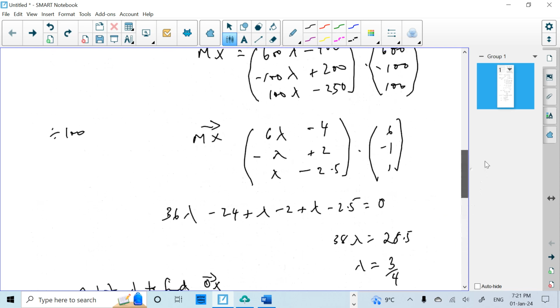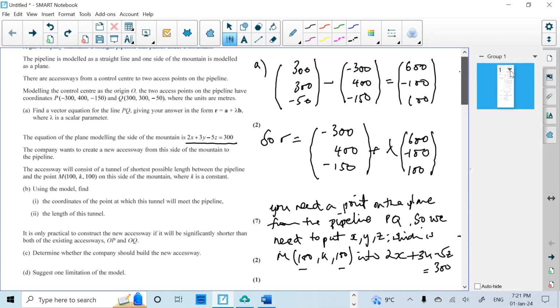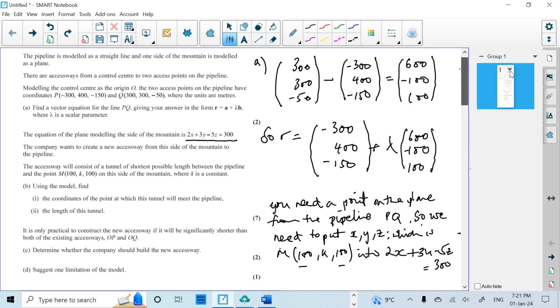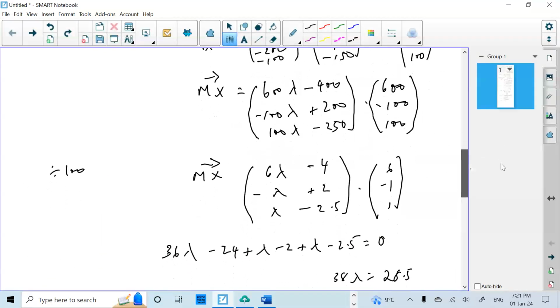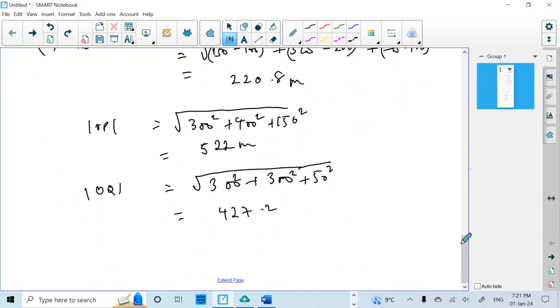Just going back to check these figures, yes, they come from P and Q there, and this is what we found. Both of these figures are greater than 220.8, so it's sensible to build the accessway, as it's greater than 220.8 meters.